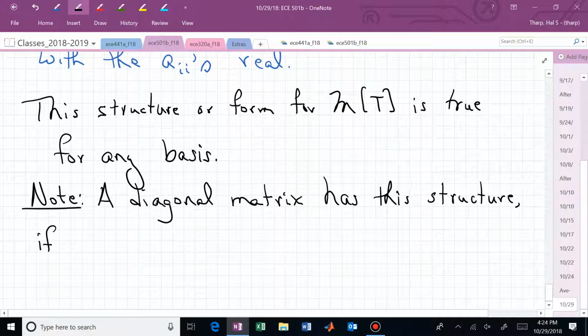Under what condition? Here I'm wanting you to repeat the fact that the diagonals need to be real. If they're complex, then we don't have that structure. So a diagonal matrix has this structure if the diagonal elements are real.